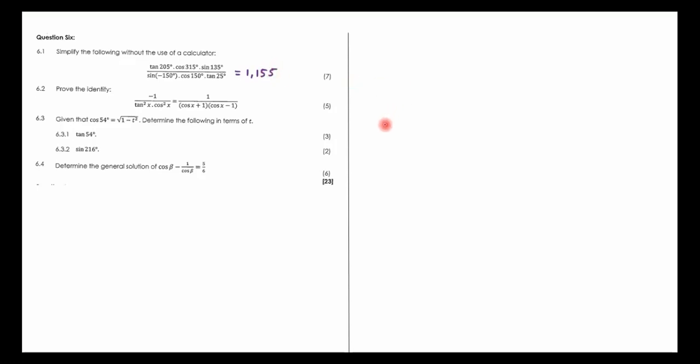Now that I know what I'm trying to get to, I can go into my question. The first thing I need to do is write the question as it is, and check if I have any angle that is above 360, and also if I have any angle that is negative.